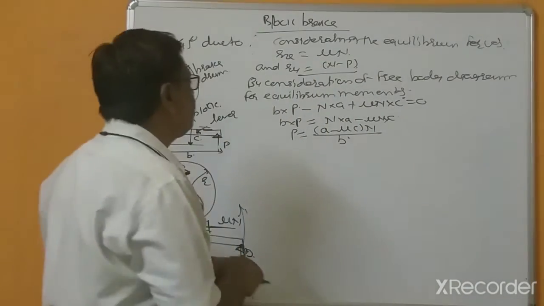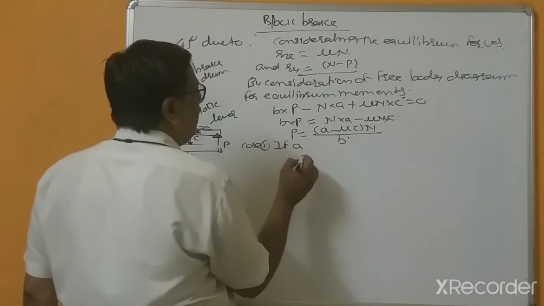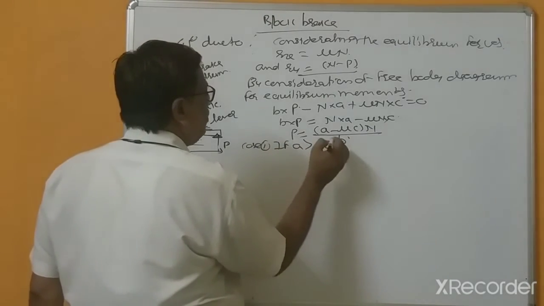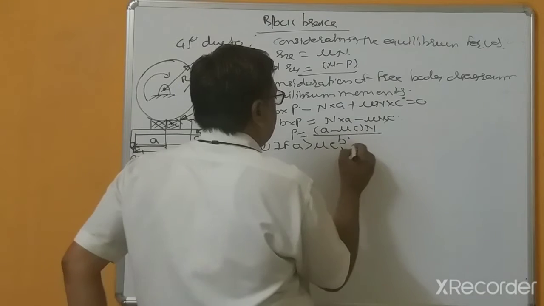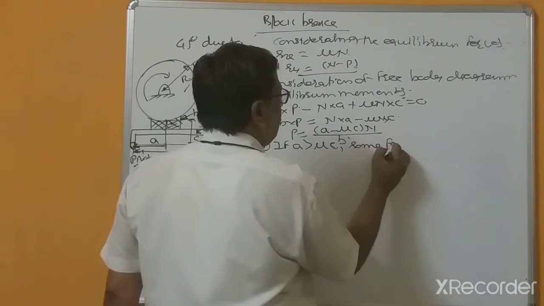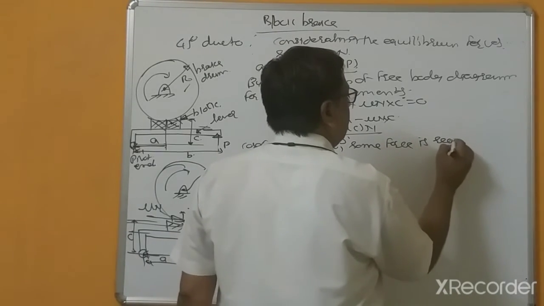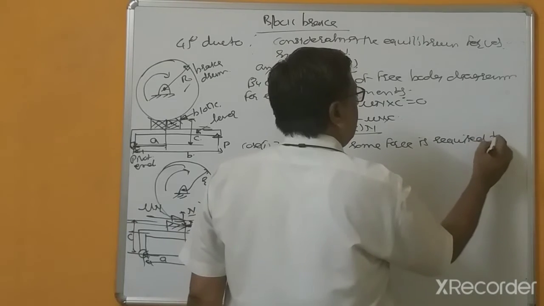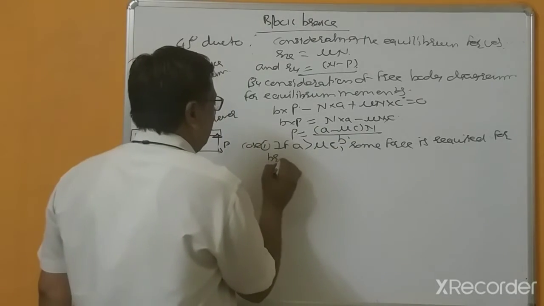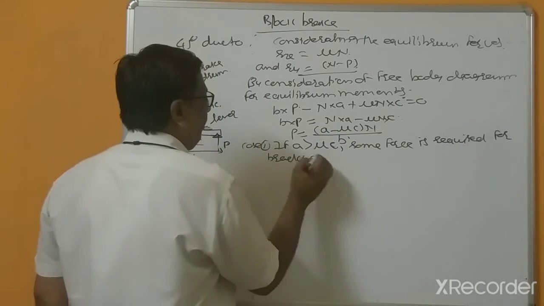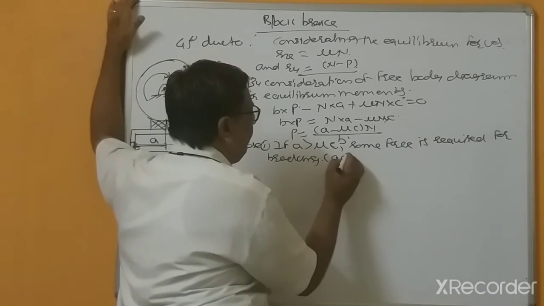So here's three cases. Case first, if A is greater than mu C, this indicates some force is required for braking. So that is the actuating force required.